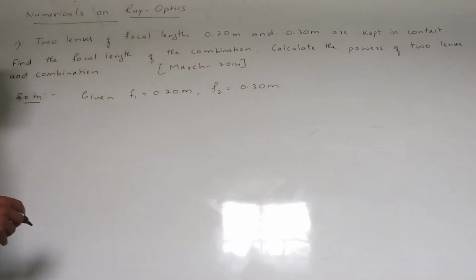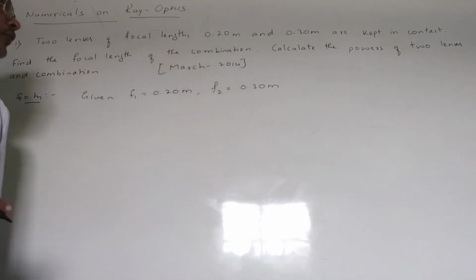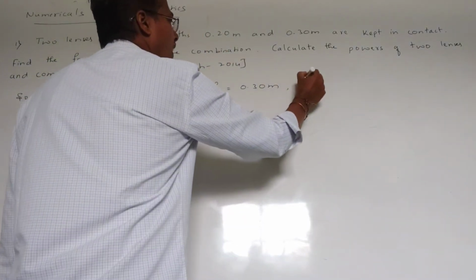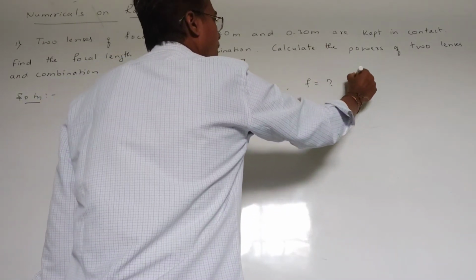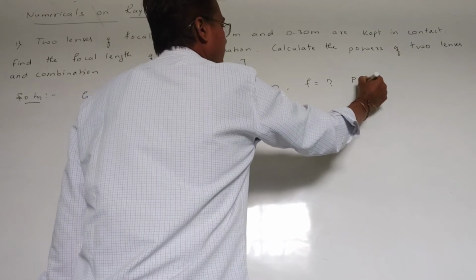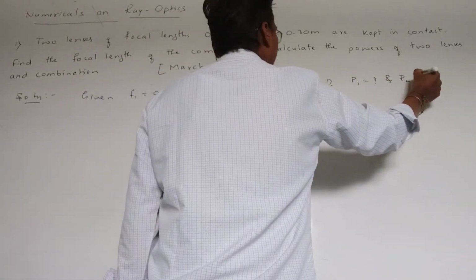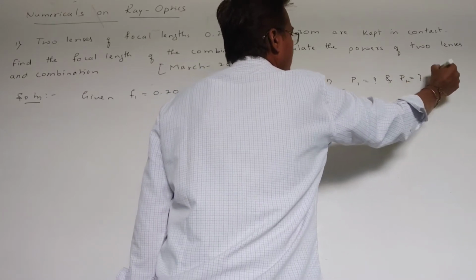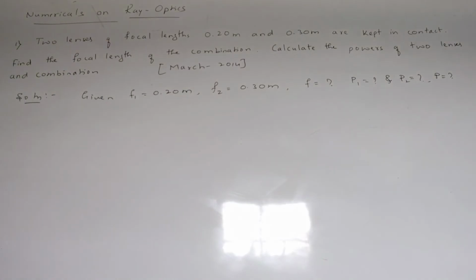They are kept in contact. So we have to find the focal length of the combination, that is f, and also the power of the two lenses, that is P1 and P2, and also the power of the combination, P. So these are the things they have asked us.